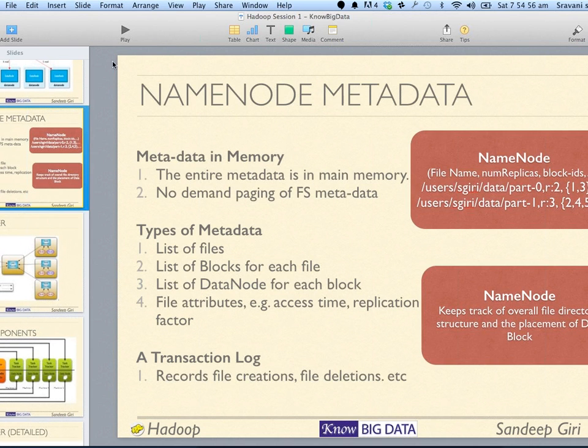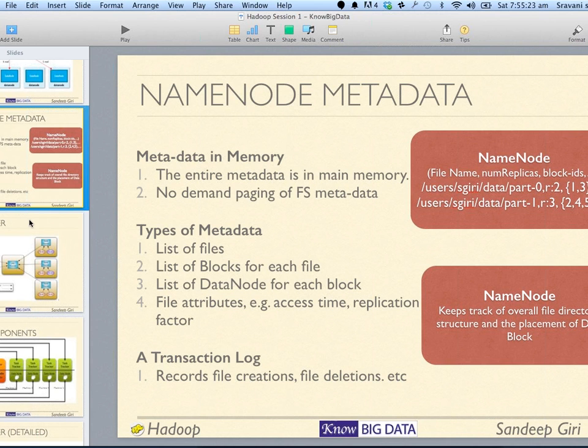Right, so this is the kind of data. Now, is it clear to you, Tranmin? So the name node contains, as I said, a file name, number of replicas, the block IDs, and on which machines that block exists.